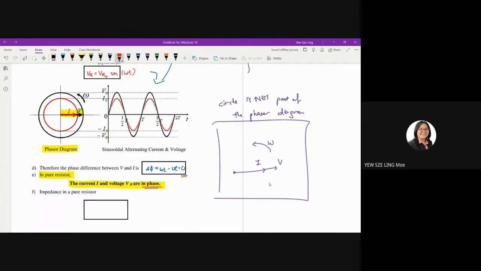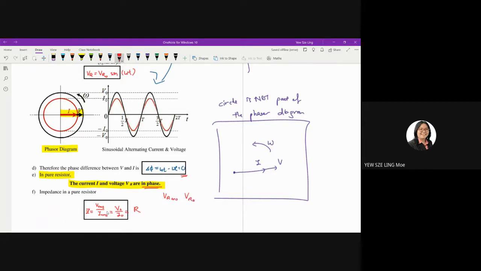Okay. So if you have a pure resistor circuit, meaning that you have just one component, the impedance Z equals VRMS over IRMS equals V0 over I0 equals R. This VRMS and V0 are actually VR RMS and VR0, but it doesn't matter.